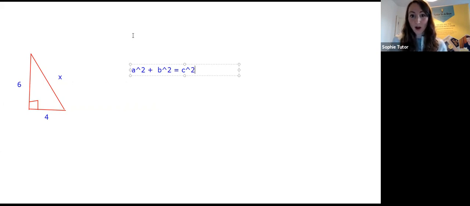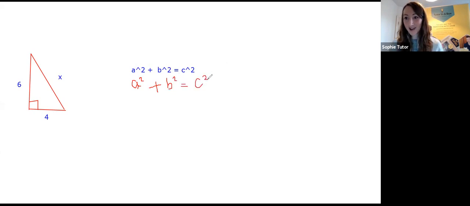But if I was to draw it freehand, it would look like a squared plus b squared equals c squared. Okay, so you'll notice that the notation might change as we go along, and that's just to make things a little bit neater. So where I've got that -2, it just means squared.